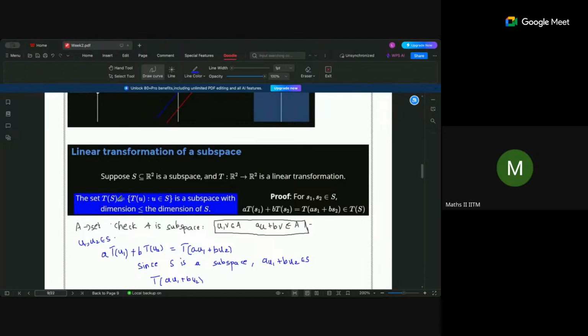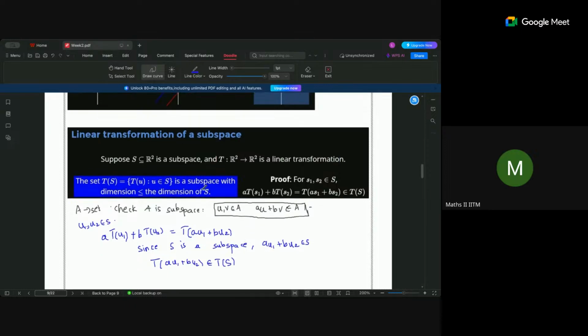It is an element of T of S then. So what we have done here is taken two elements of T of S and shown that their linear combination belongs to T of S. So it means that we have shown that the set T of S is a subspace. So far with me? Yeah, all right.